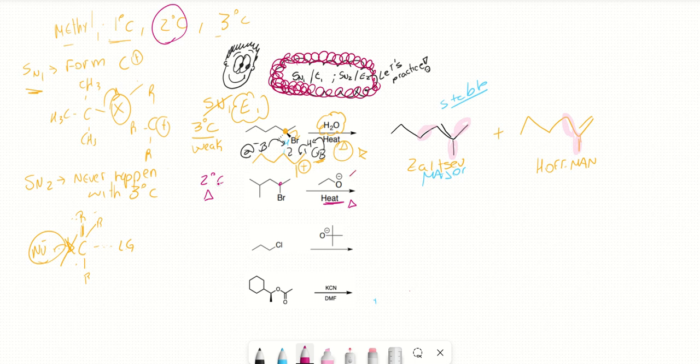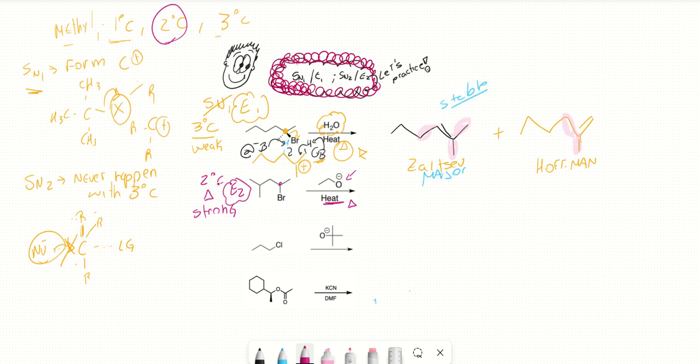When I look at my nucleophile base, this is a strong base. This will favor elimination 2. If it was a weak base, it would favor elimination 1. So here we're going to have elimination 2.